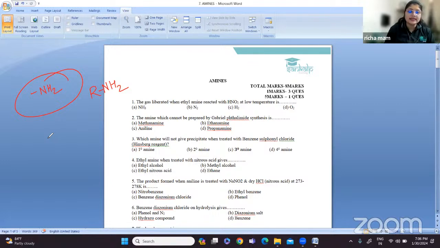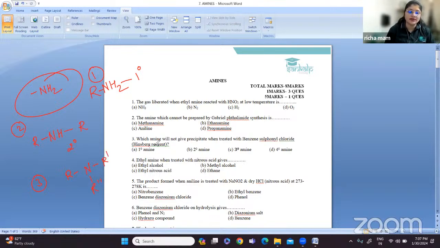Then second is secondary amine. What are secondary amines? In secondary amines, the NH group is attached to two alkyl or aryl groups. Then third is a tertiary amine. What do you mean by tertiary amine? In a tertiary amine, all the hydrogen atoms are replaced by alkyl or aryl groups.